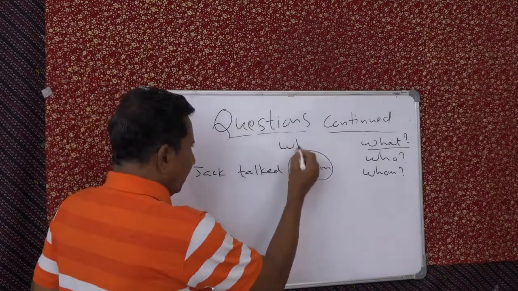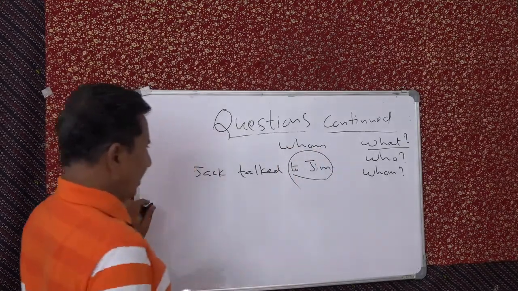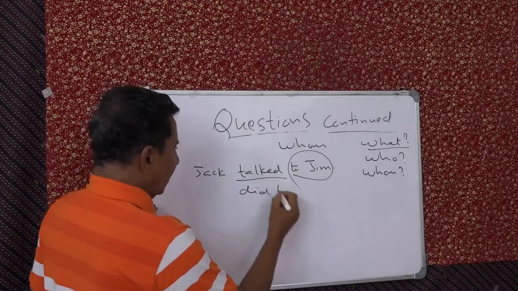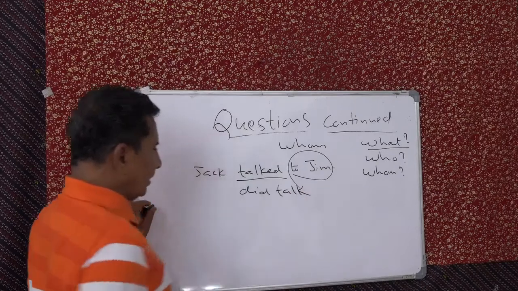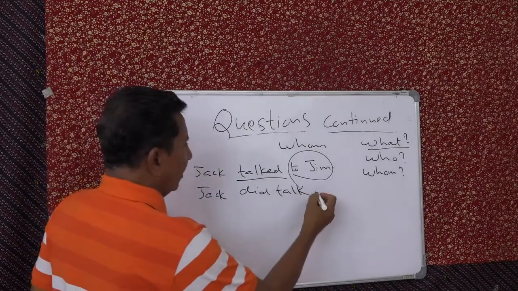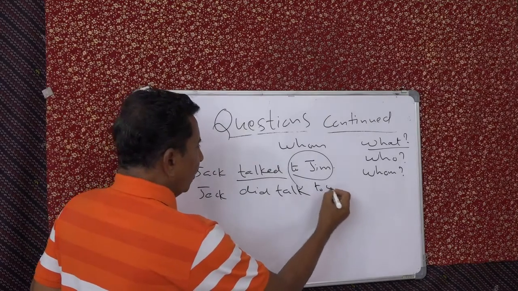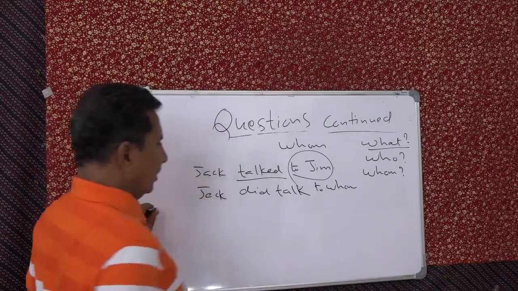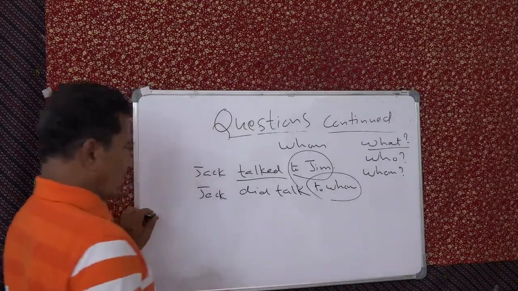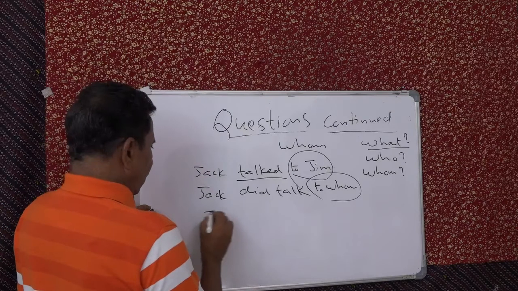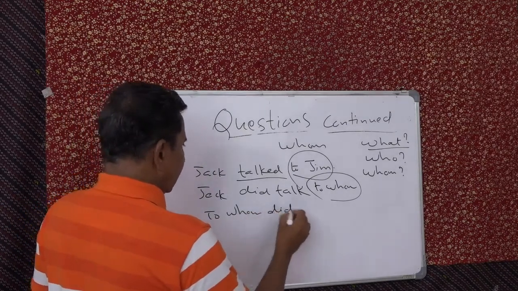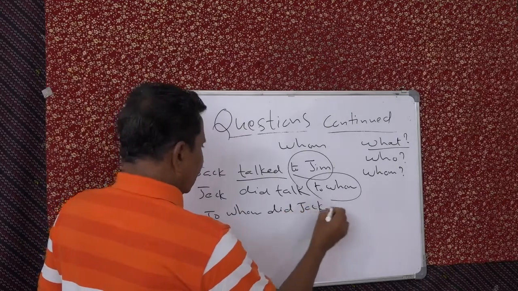So whom, we put like this. Whom. And then here, you have to make it did talk. Did talk is equal to did talk. Jack did talk to whom. That's it. To whom. Then the question word has to be brought here. To whom did Jack talk?